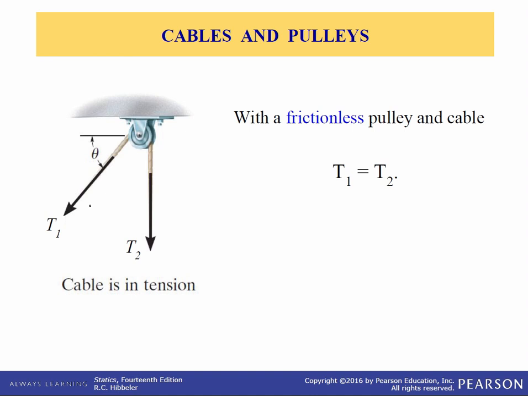In chapter 5, we'll show that the tension force developed in a continuous cable which passes over a frictionless pulley must have a constant magnitude to keep the cable in equilibrium. Hence, for any angle theta, the cable is subjected to a constant tension T throughout its entire length. So what we're saying is that the tension on both sides of a frictionless pulley are equal.